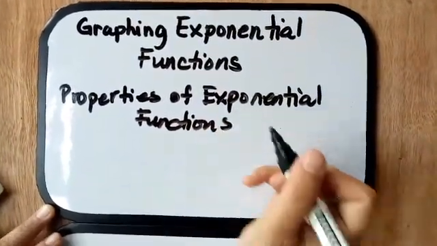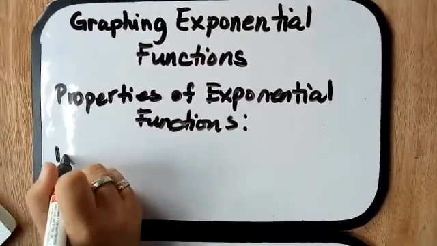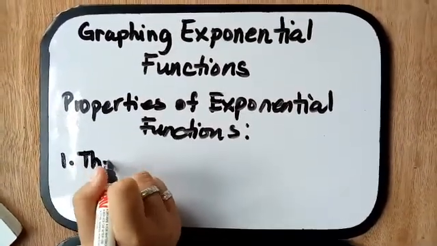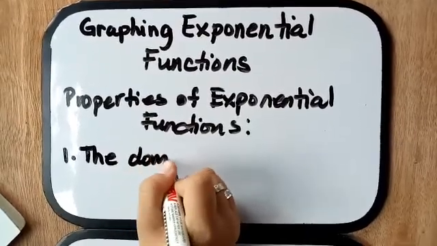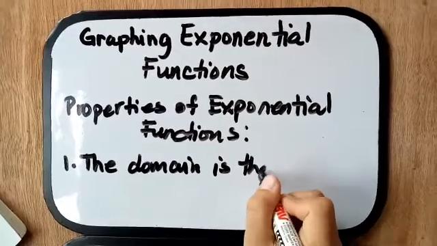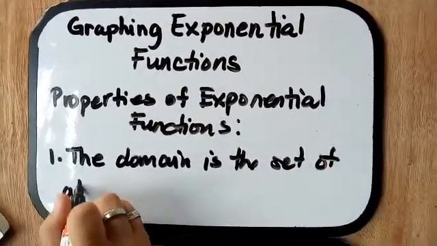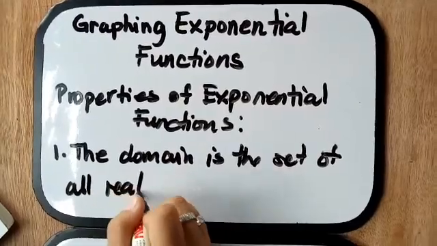So, there are 6 properties. Number 1 is the domain is the set of all real numbers.